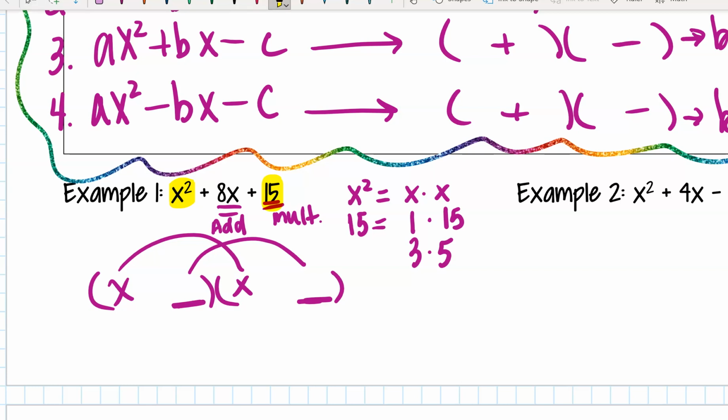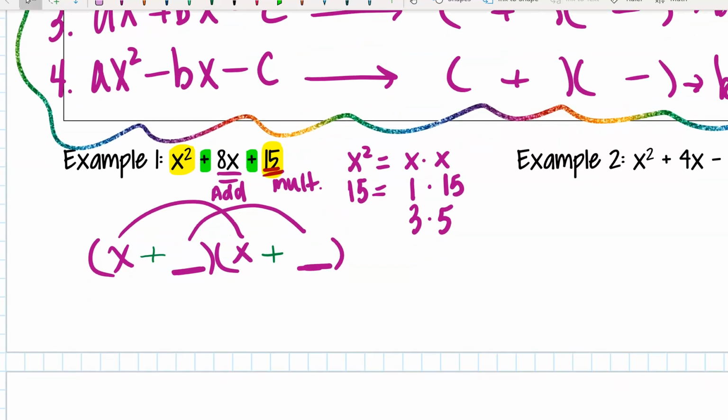Since we have 2 pluses here, I know from the shortcut I gave you that I'm going to have a plus sign in the first one and a plus sign in the second one. I need to choose something that will multiply to 15, but will help me add to 8x. And the adding part comes from the double distribution that comes from underneath, and I'm going to show you that.